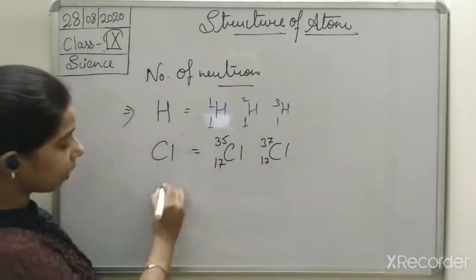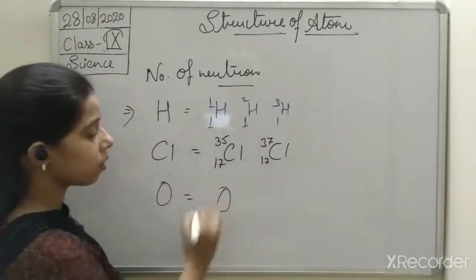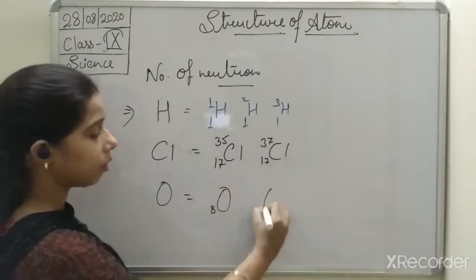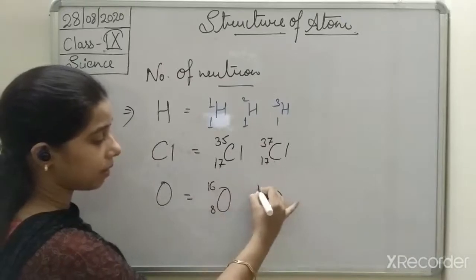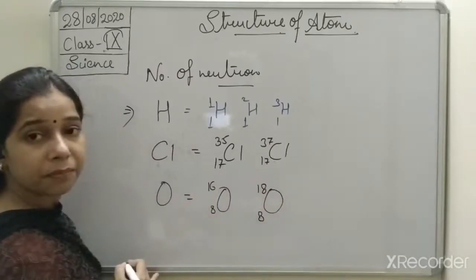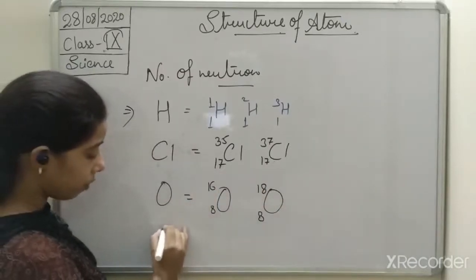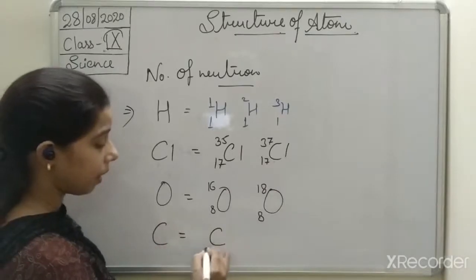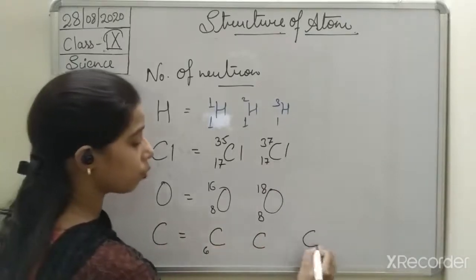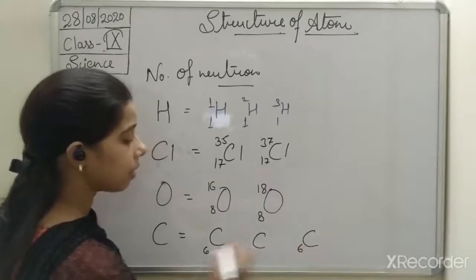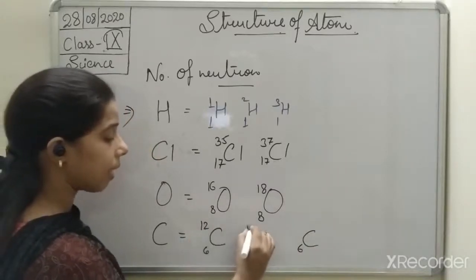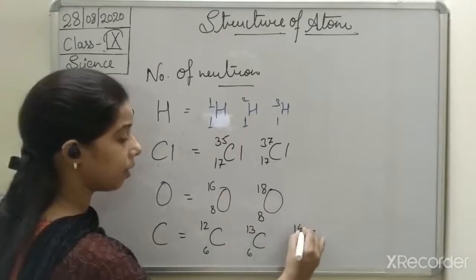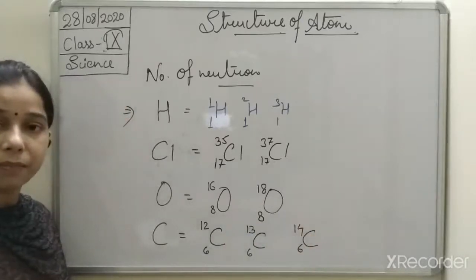If we talk about oxygen, it has atomic number 8 and its isotopes are 16 and 18. Carbon can exist in three isotopic forms, all with the same atomic number: carbon 12, carbon 13 and carbon 14.